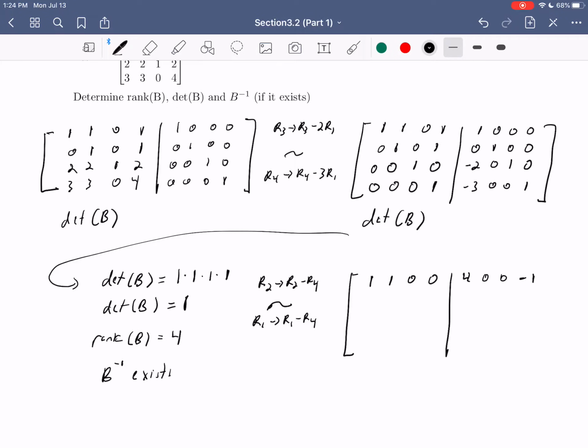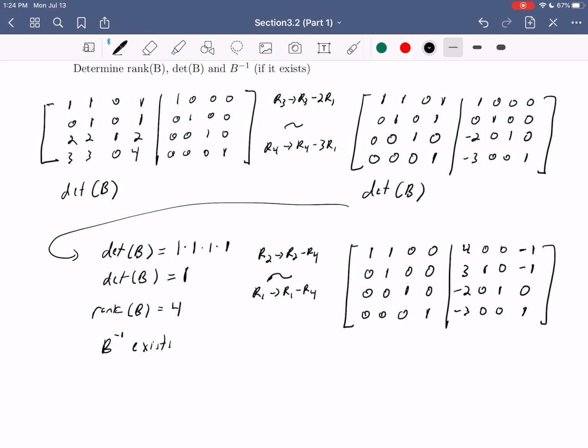And then we also get 0, 1, 0, 0, and we get 3, 1, 0, minus 1, and then 0, 0, 1, 0, minus 2, 0, 1, 0, and 0, 0, 0, 1, minus 3, 0, 0, 1.